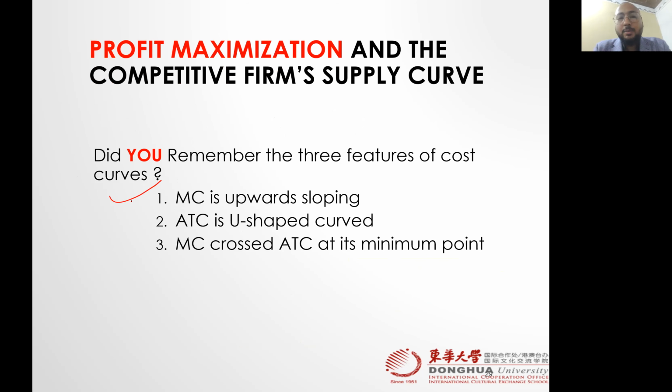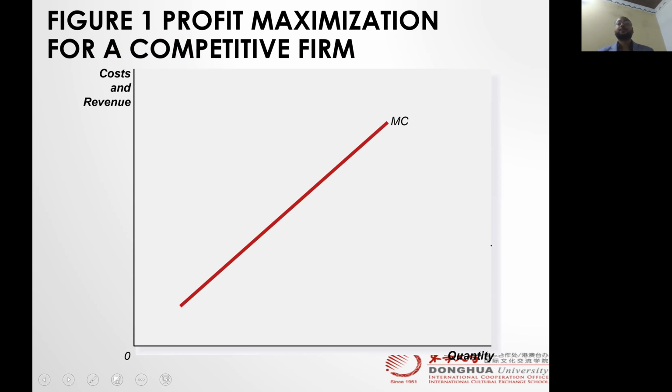So, we just have a revision from our previous lecture, that MC is upward sloping, ATC is a U-shaped curve, and MC crosses the ATC at its minimum. So let's see that. This is MC, this is average total cost. So this is the cost structure.